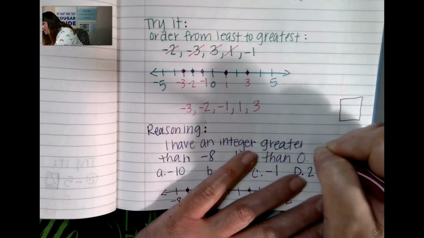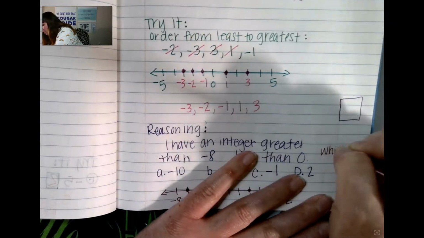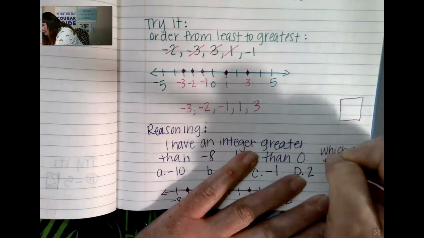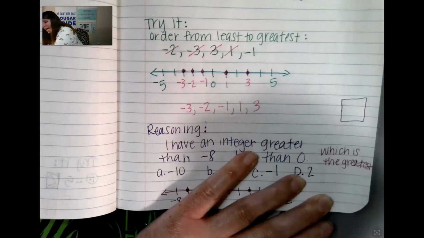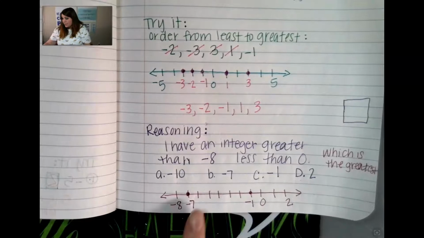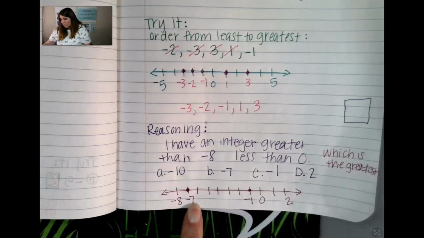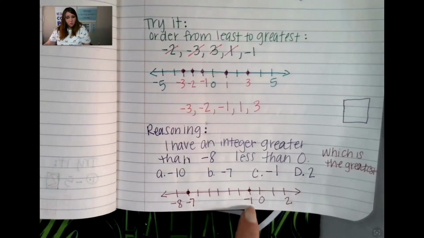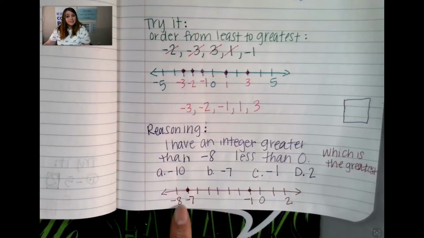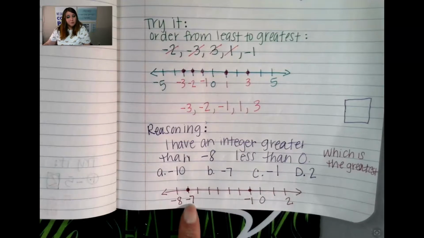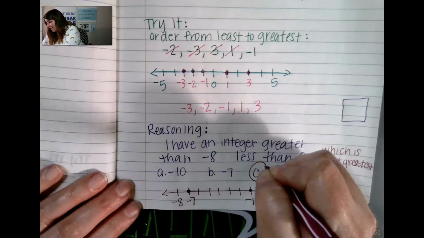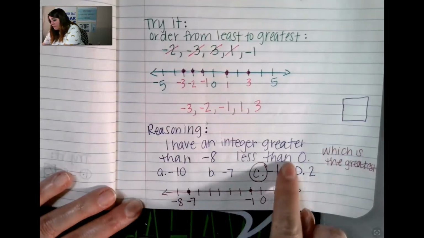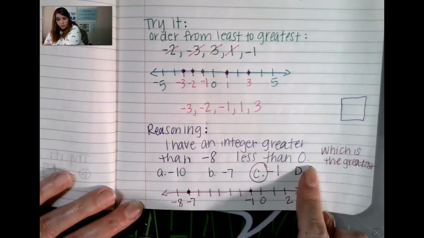The question is, which is the biggest, right? Which is the greatest? That was what it's asking us. So is -7 greater than or less than -1? That's the question. Because it's less than 0 and farther away from 0, -1 is the number that fits in between both of these.